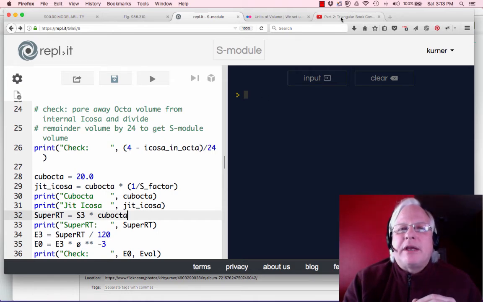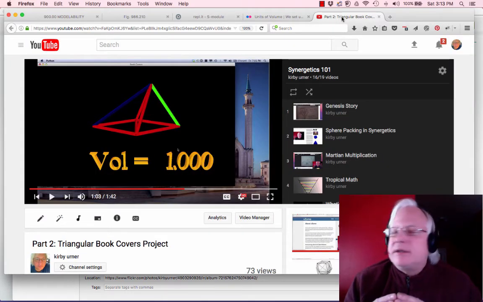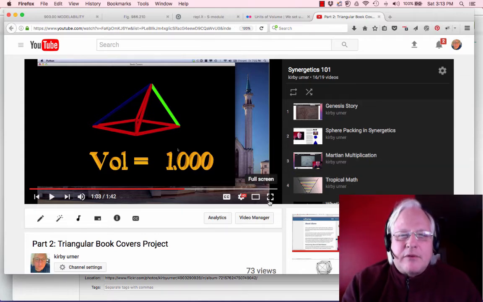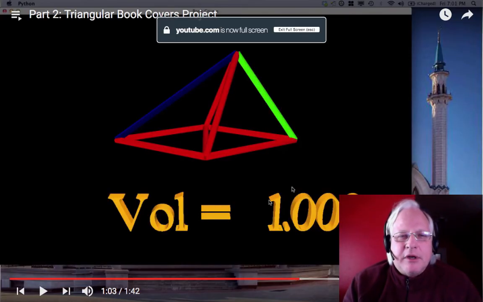Now there's another way to look at the synergetics constant, and that's as a ratio of two tetrahedra and their volumes. And this is going to connect back to the Martian math diagram at the end. So here we are in what we call the tetrabook. This is 3 equilateral triangles.